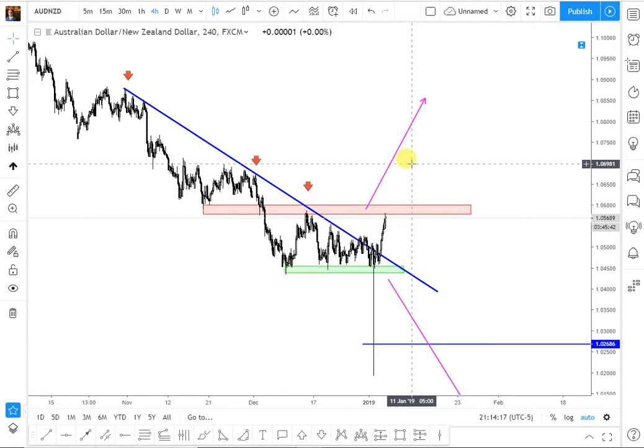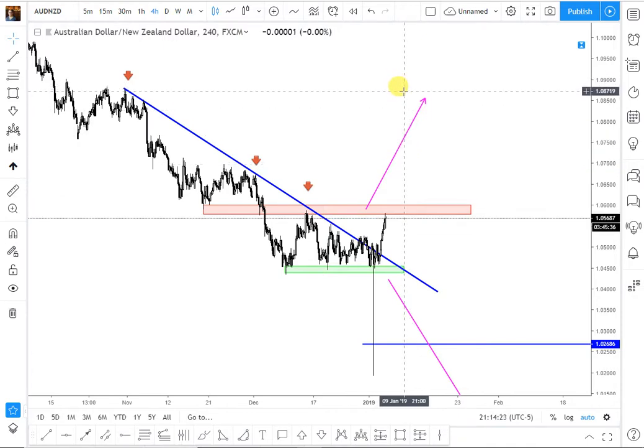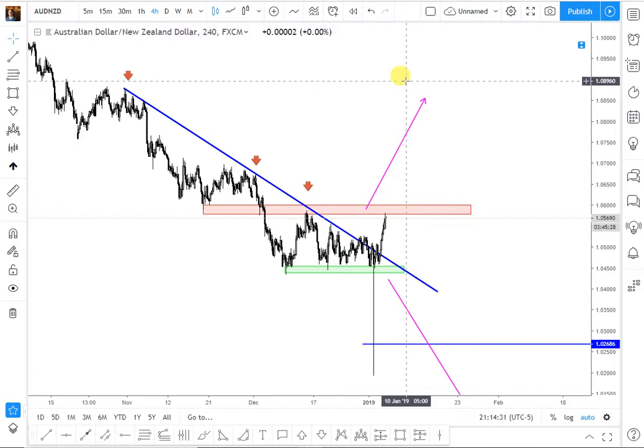This will be my first take profit around 1.06 or 1.07. Second take profit will be in this area, 1.09 here.